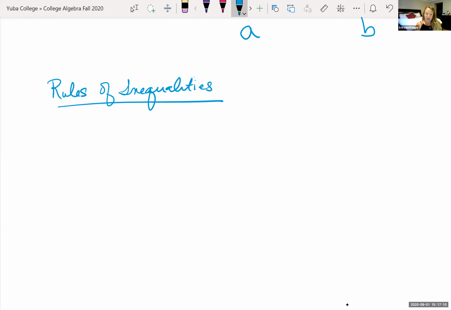When we're solving linear inequalities, and we'll talk later about nonlinear inequalities, which are solved a little differently, and actually today we'll talk about absolute value inequalities. But right now, when we're solving inequalities, we use pretty much the same rules that we would use if we were solving a linear equation. We want the variables on one side, constants on the other side.